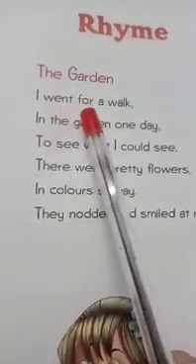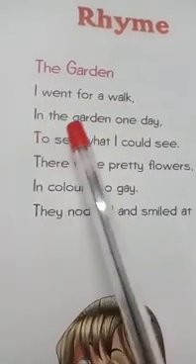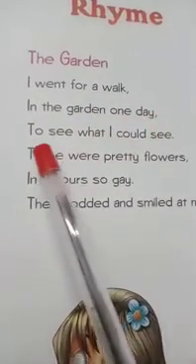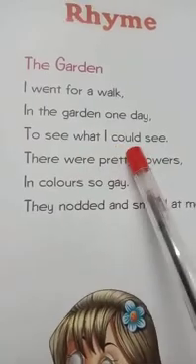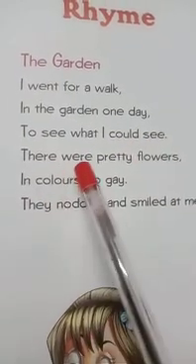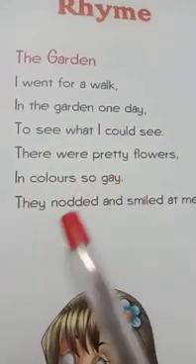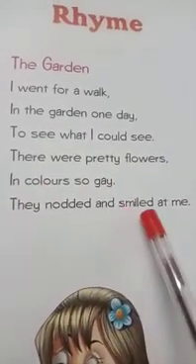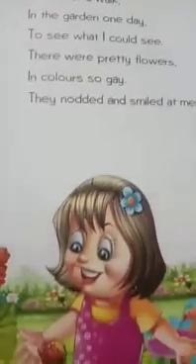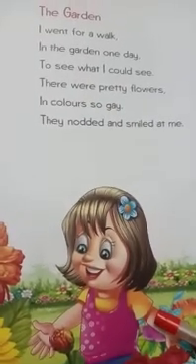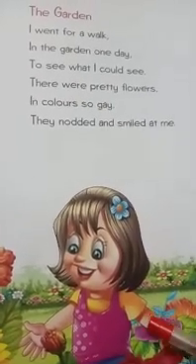I went for a walk in the garden one day to see what I could see. There were pretty flowers in colors so gay. They nodded and smiled at me. See, this girl went to the garden one day.